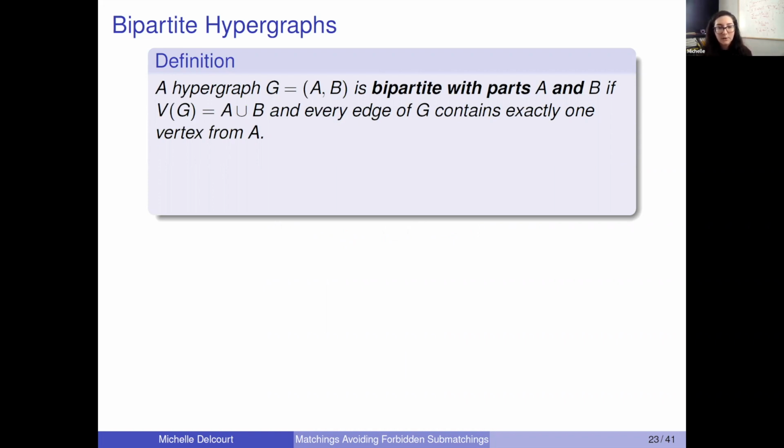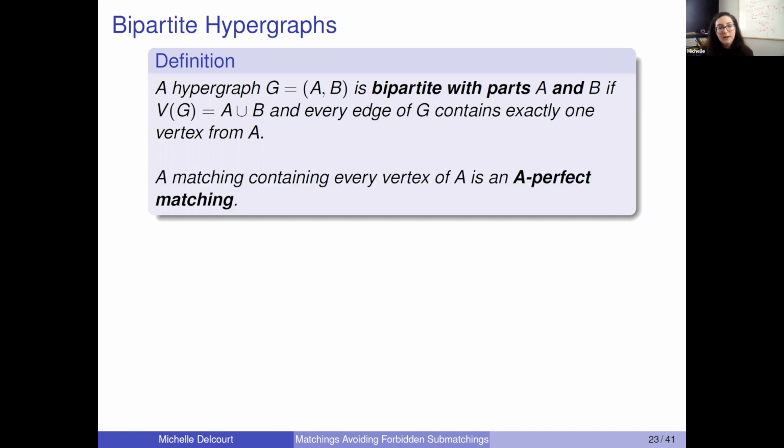So here, what do I mean by bipartite? Well, it's a generalization of being bipartite for graphs. We have a partition of the vertex set into 2 parts, A, B, where each edge of G contains exactly 1 vertex from A. And I'm going to say that a matching is an A-perfect matching if it saturates A, if every vertex in A is covered by some edge in our matching.